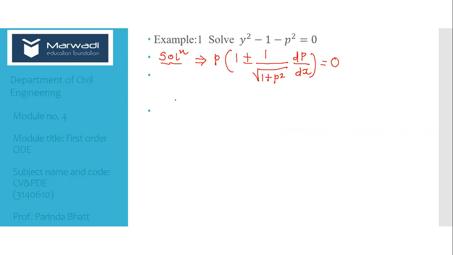Now here two factors are here: p equal to 0 and 1 plus or minus 1 upon under root 1 plus p square dp by dx equal to 0.